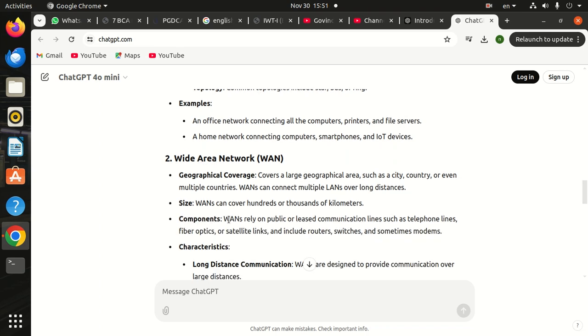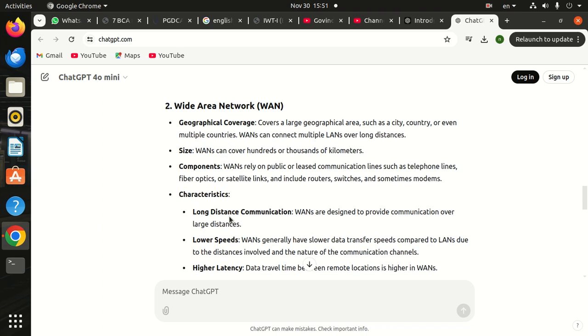The second one, wide area network. In the case of geographical coverage, a wide area network covers a large geographical area such as a city, country or even multiple countries. Size: a WAN can cover hundreds or thousands of kilometers. Components: it uses telephone lines, fiber optics, satellite links and includes routers and switches.